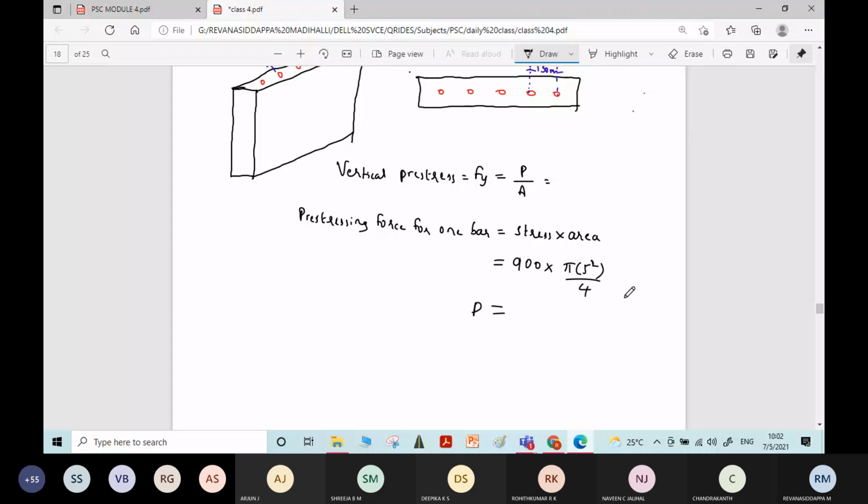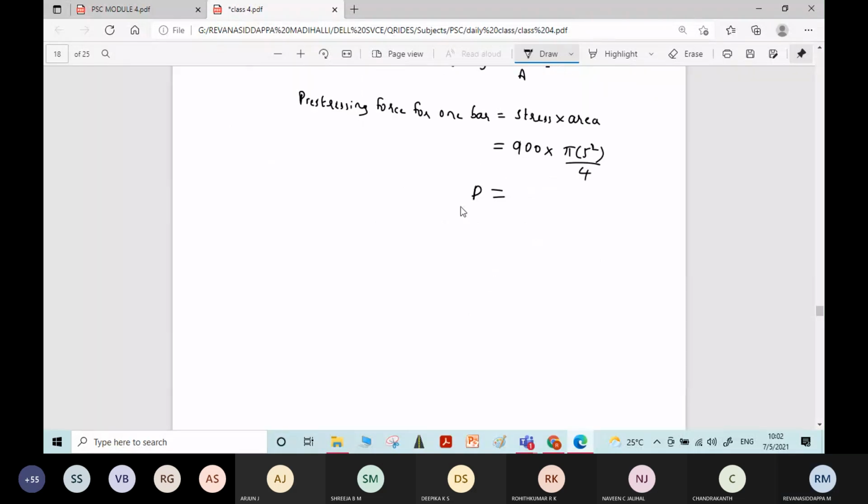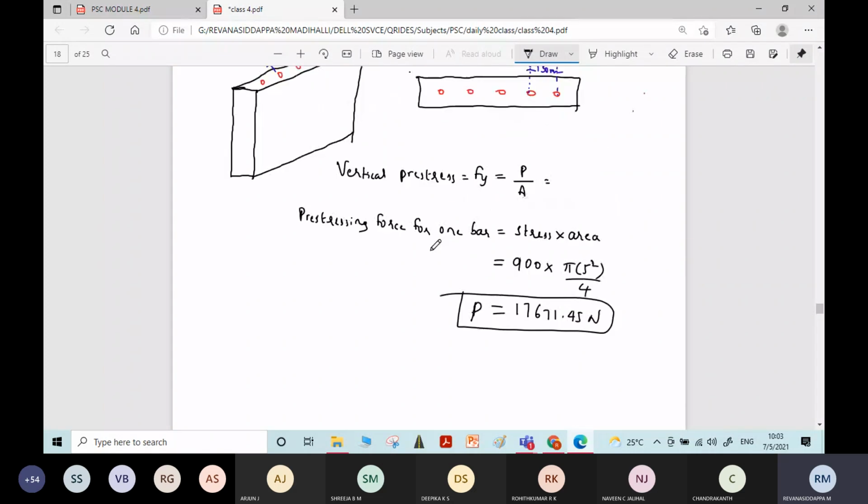Tell me the answer. 17,671.45 Newton. Okay. Now we have calculated the pre-stressing force P for one bar.